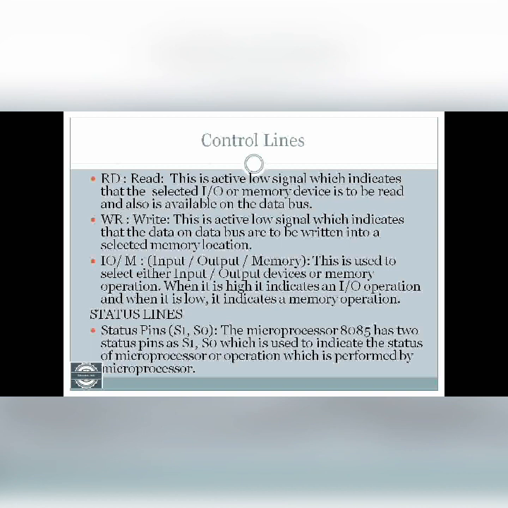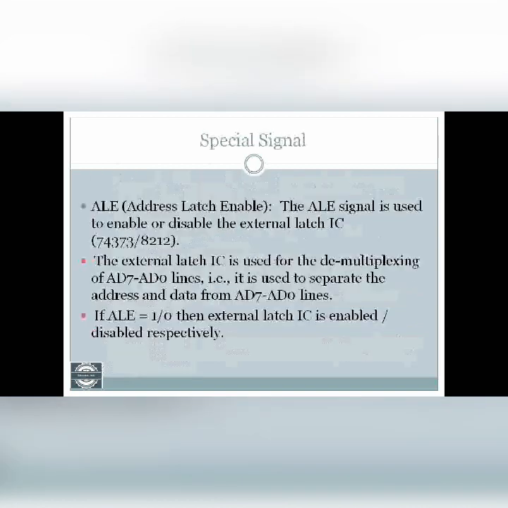Read not write line, write not read, and input output. Now here we have to know the special signals also. Those are ALE, that is the address latch enable signal. It is used for enabling or disabling external latches.